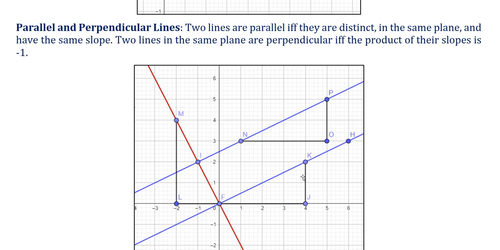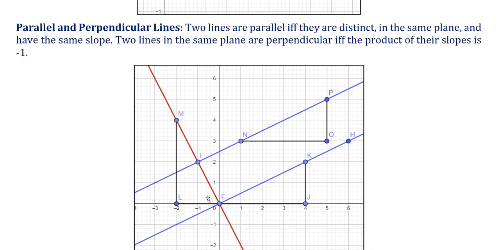So if you start with parallel lines, we can get some congruent angles going here. And from that, we can get some congruent triangles, and then that's going to end up giving us the same slopes. On the other hand, if we can get the same slopes out of these, we can prove that these are parallel. So I'll leave that as an exercise for you to work at.